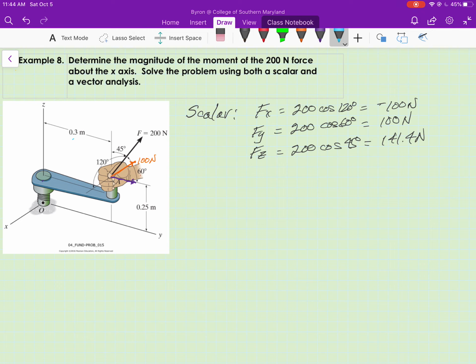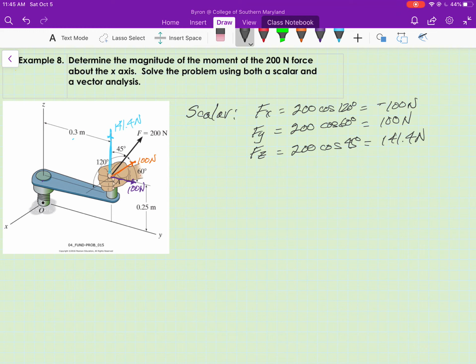So F sub z acts along the positive z-axis, and its magnitude is 141.4. And I didn't write down the magnitude of the y component there.